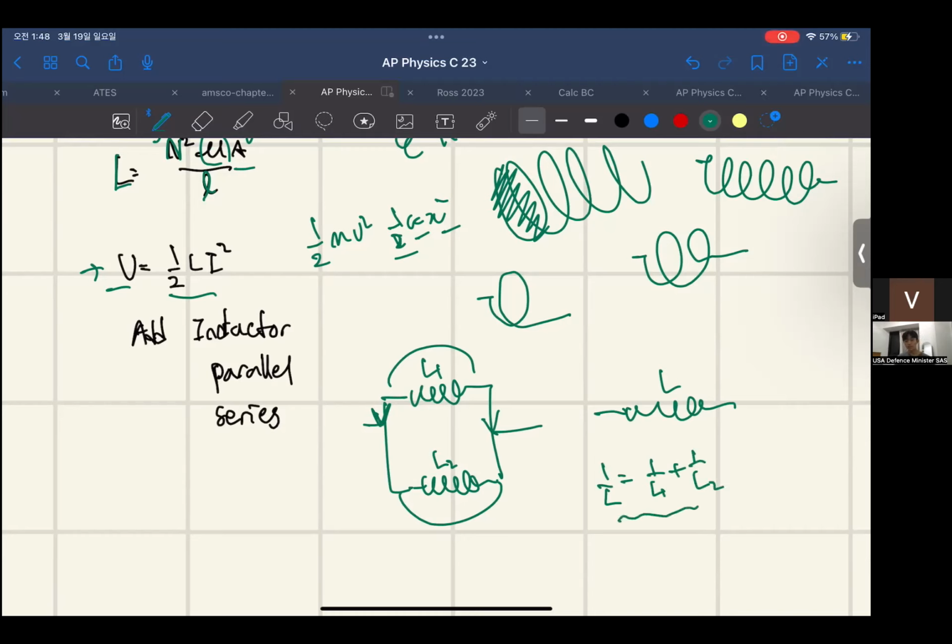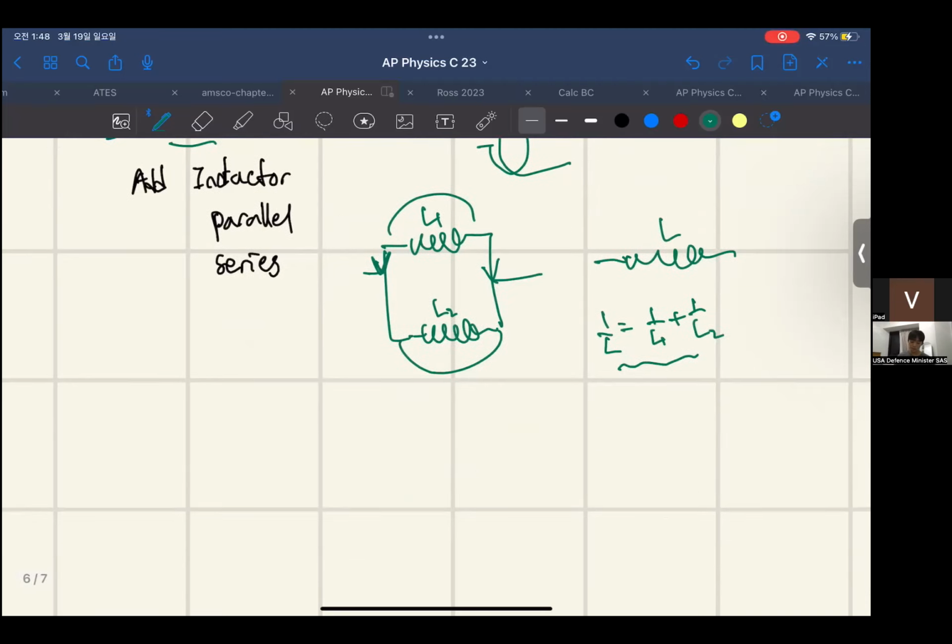Yes, resistors and inductors have the same way to combine them, and capacitance has the exact opposite way to combine them. Meaning that if you combine L1 and L2 in series, that will be equal to a singular inductor with the inductance L, which is equal to L1 plus L2. Yay! Again, it's the same as how you do with resistors.